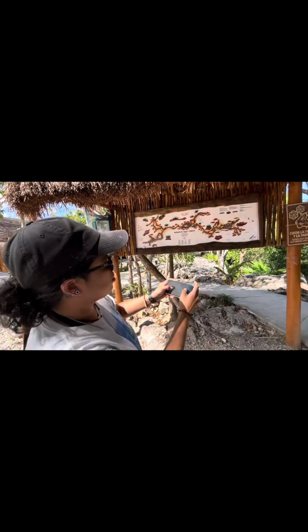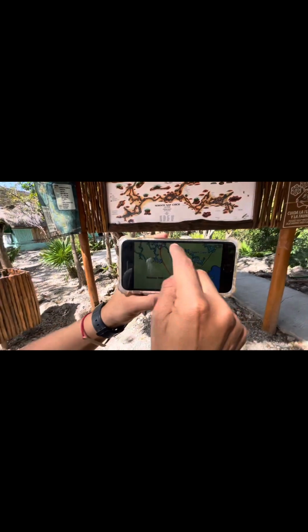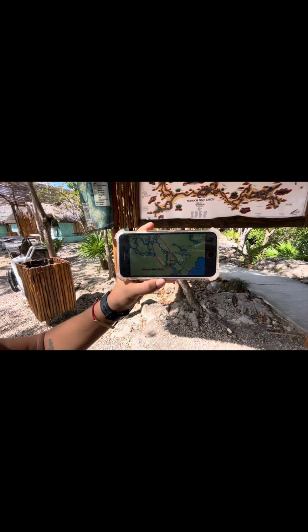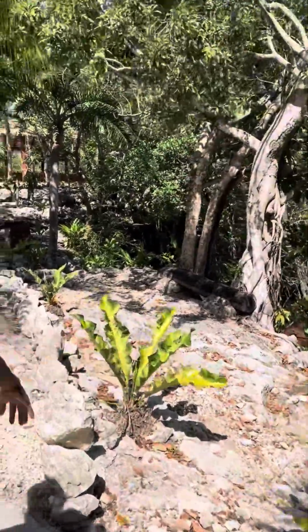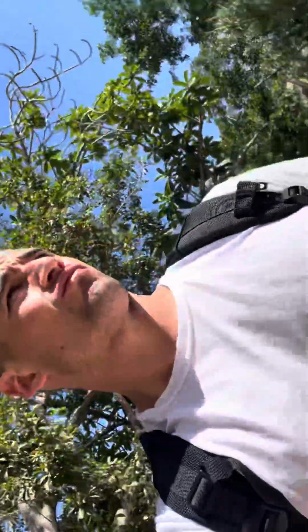So this section you see right here is this section you see circled right now. Limestone. Souvenir shop.